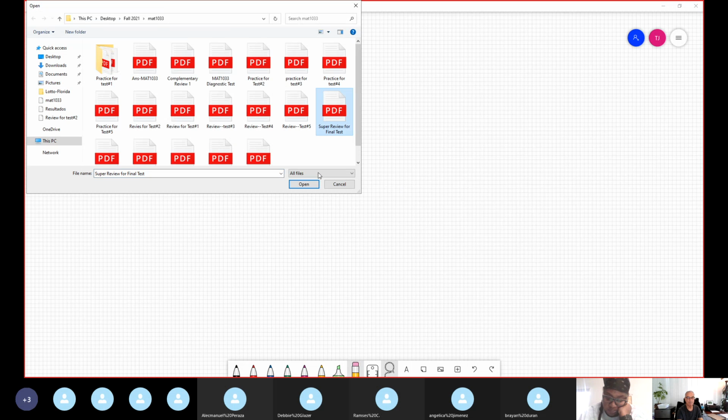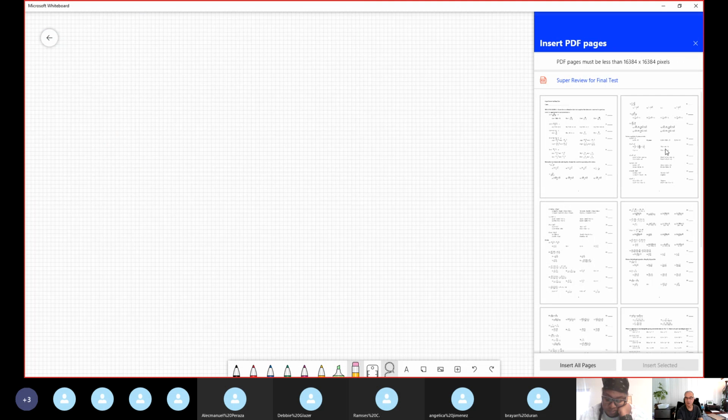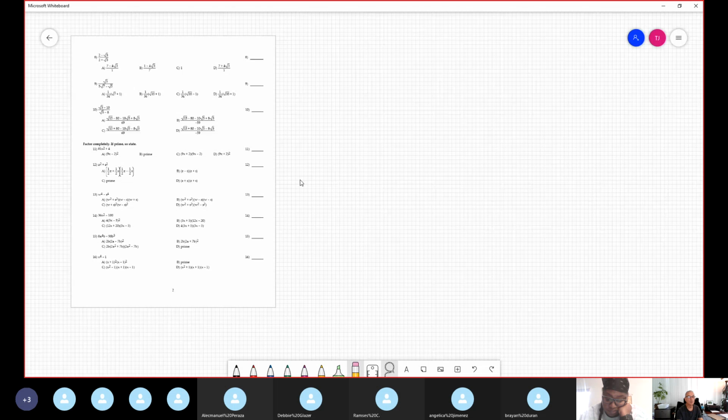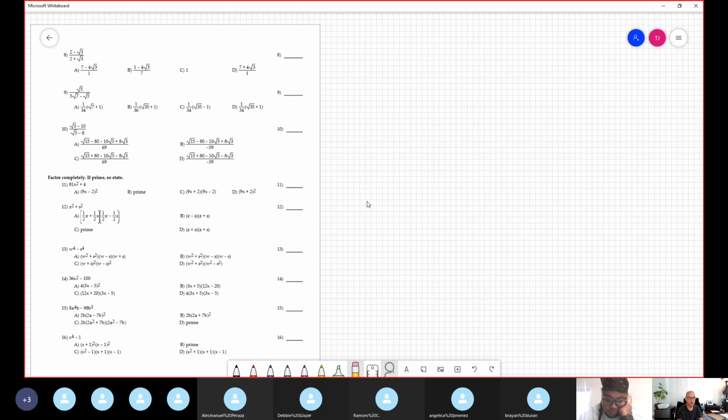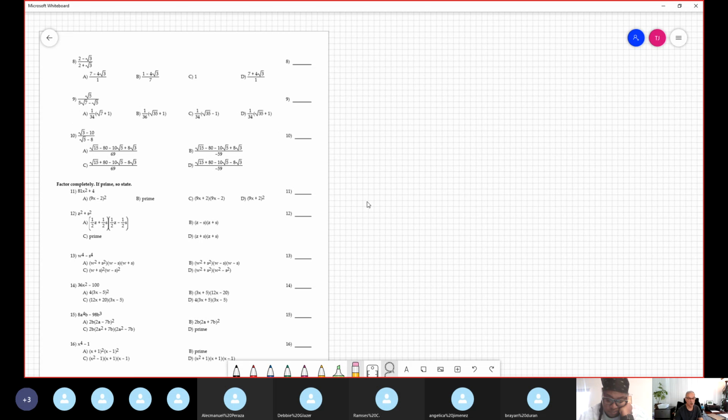The second page is very, very interesting. It's a combination. Let's do one more rationalization, and several of the factorization, if we have time today.